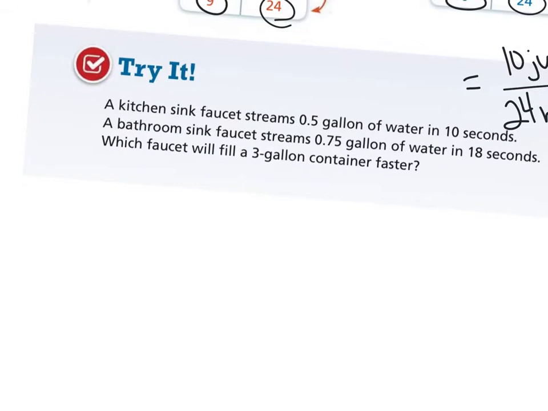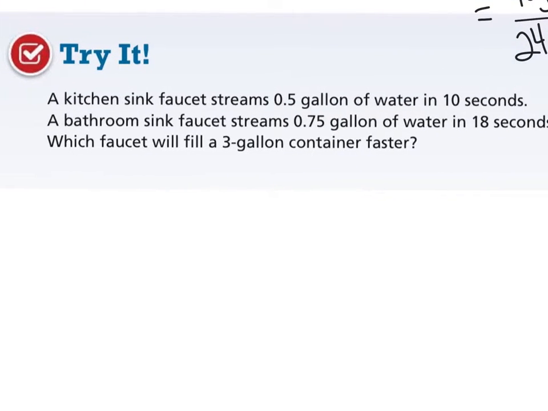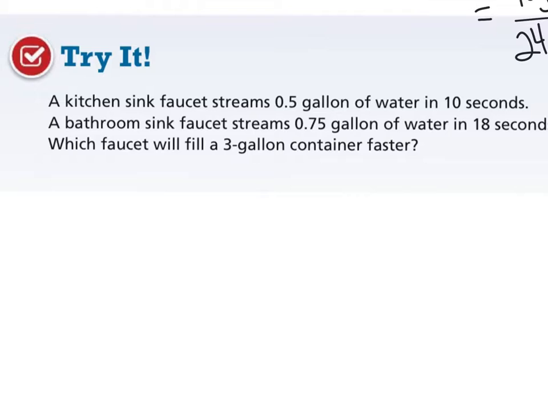So if we look at the try it, a kitchen sink faucet streams 0.5 of a gallon of water in 10 seconds. So half a gallon in 10 seconds. Bathroom sink faucet streams 0.75 of a gallon of water in 18 seconds.